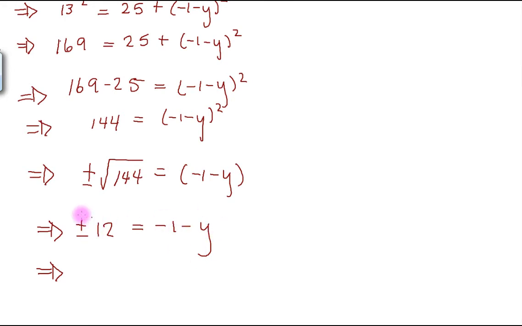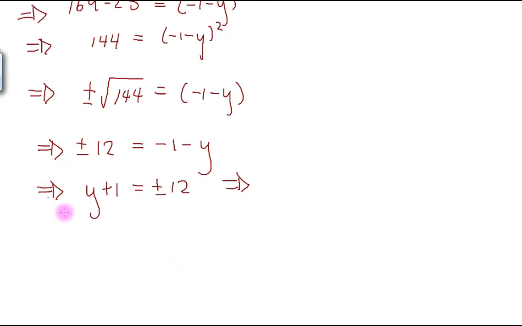Now, let's just change directions. Let's put this to the left, this to the right, just to change the signs. We have y plus 1 equals plus and minus 12. Now notice that this plus and minus means that we have two values, one with plus and one with negative.